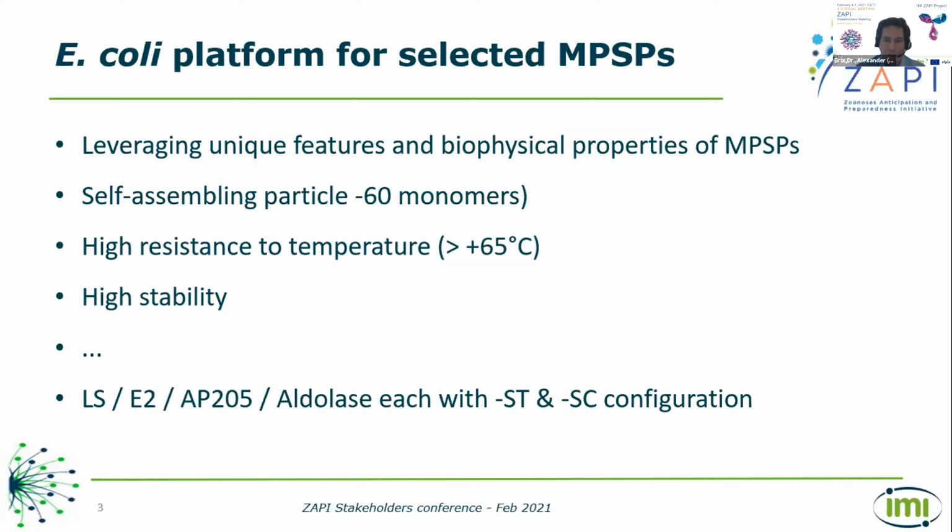To make the story short, when we started, we looked at 4 different particles with each spy tag and spy catcher configuration. So initially, together with BI Animal Health in Lyon, we had some screening work done to see which of those are actually producible, let's call it.